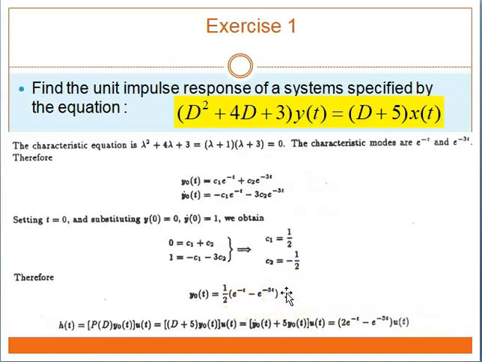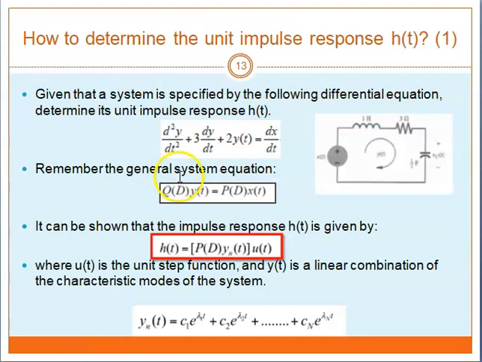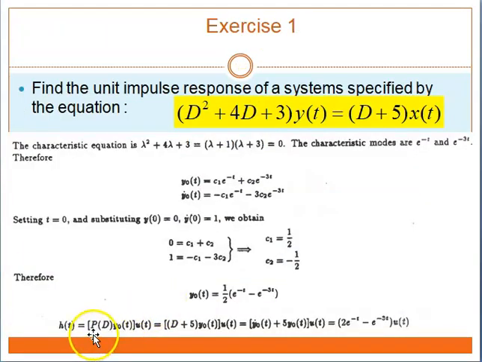One extra step for finding out the unit impulse response is that you have to find out what h(t) is. So in slide 13, I have highlighted that we are going to find out the impulse response using this equation. So now you have P(D) times y0(t) u(t). So what is your P(D)? P(D) is actually this one, from your input, D plus 5. So you will have (D plus 5) times y0(t) u(t).